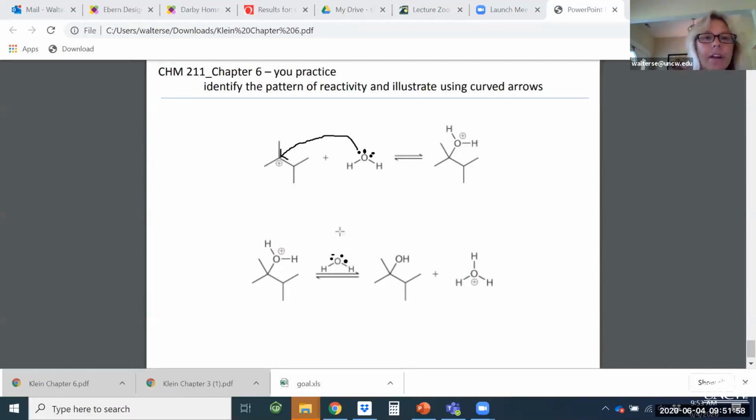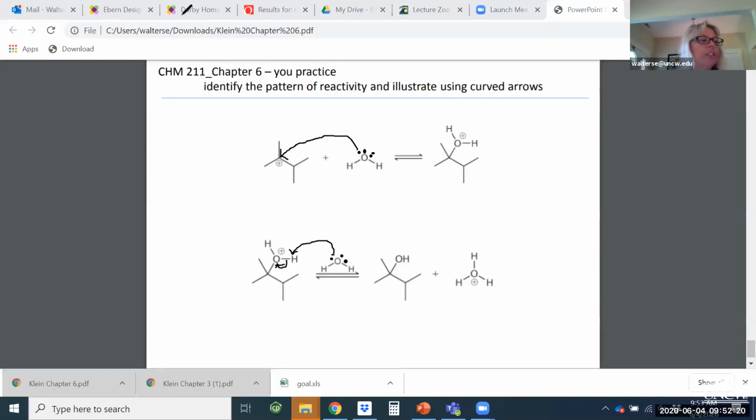Okay, so we take a lone pair of electrons to go grab a proton. Proton can't take any electrons with it, so they end up on the oxygen atom. Okay, pretend that last thing looks like an arrow.